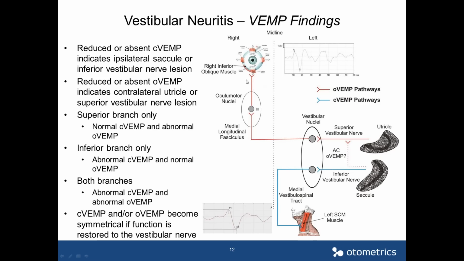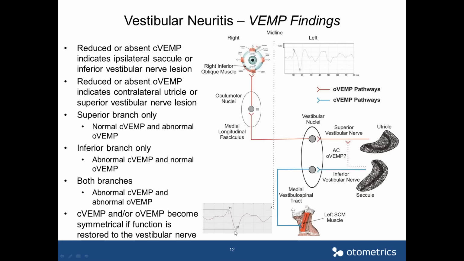So this is the branch for the OVEMPs. On the other hand, the CVEMPs are primarily, and there's not much controversy here, associated with the saccular response and the inferior portion of the vestibular nerve, and it's an ipsilateral response, so you record that from the left-sided sternocleidomastoid muscle.